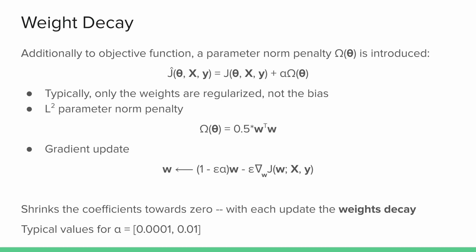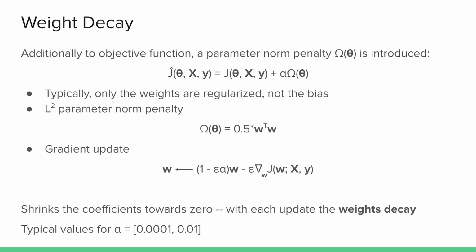We typically only do this for the kernel, for the multiplicative weights, and not for the bias term. And typically we also use the L2 parameter norm penalty that we can compute just by having a transposed weight multiplication with the weights.